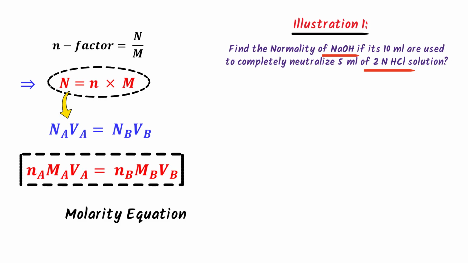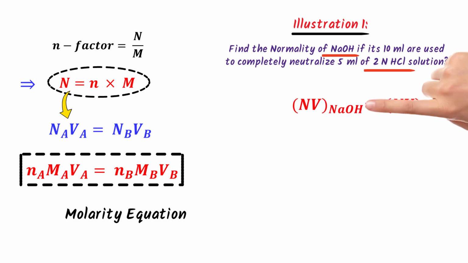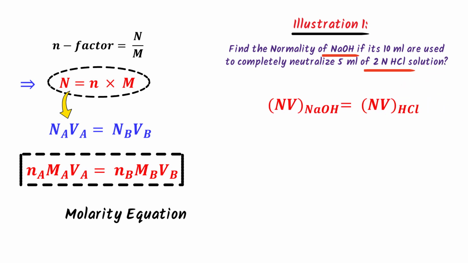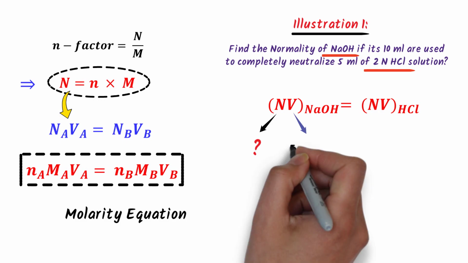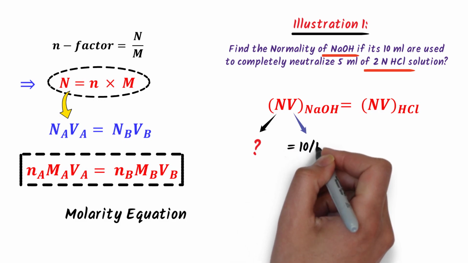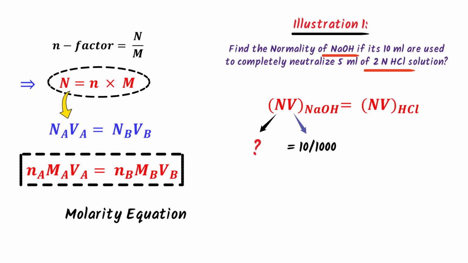So in order to find out the normality of sodium hydroxide, we can use the normality equation. That is, N into V of sodium hydroxide will be equal to N into V of HCl. Now, normality of sodium hydroxide we need to find out. Volume of sodium hydroxide is given as 10 ml, so that will be equal to 10 divided by 1000 in liters.